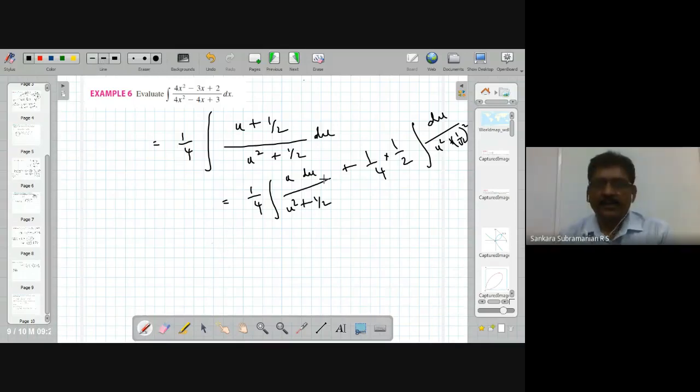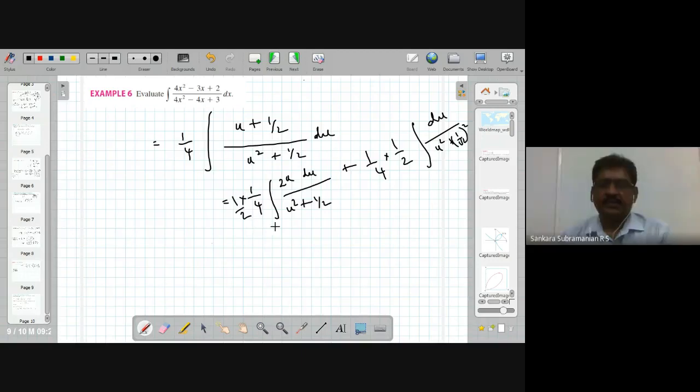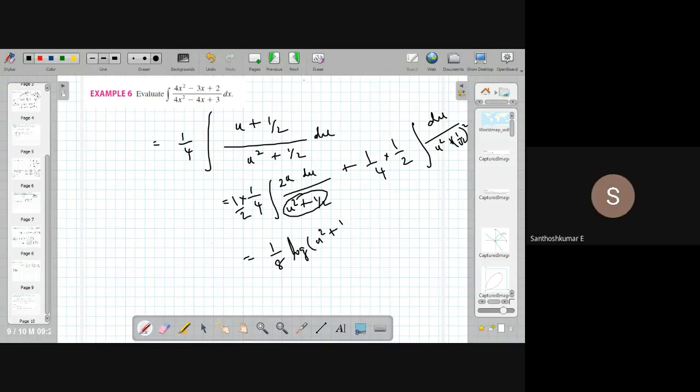Now, if you take the denominator, I know the integral of 2u du by the denominator is log of denominator. Yes, before going for that, you have to adjust because this is u square plus 1 by 2. Differentiating, you get 2u du, right? 2u du. So therefore, this is equal to 1 by 8 times log of u square plus 1 by 2.